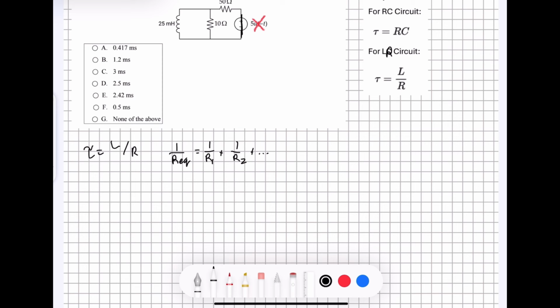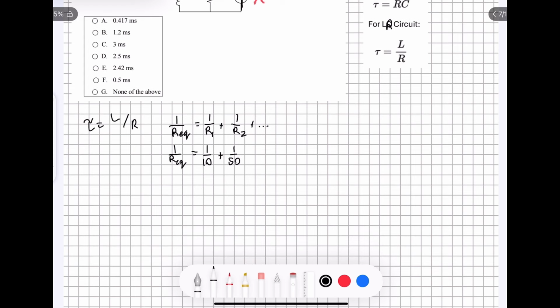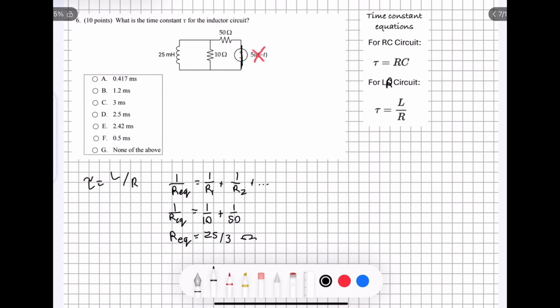Because we only have 2 in parallel, 1 over our equivalent resistance is going to be equal to 1 over 10 plus 1 over 50. If you solve this equation, you're going to get the equivalent resistance is equal to 25 divided by 3 ohms. And this is going to be our R value for this equation, and we're already given our L value over here in millihenries.